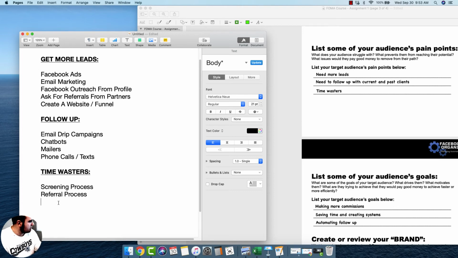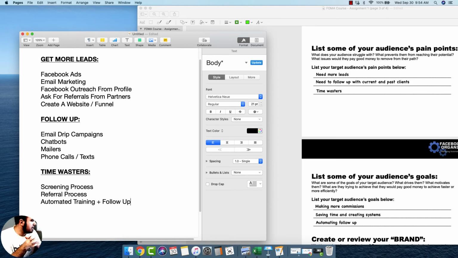So we could develop some kind of automated training and follow-up system as well. Now, there are going to be some people who just take a long time to buy, right? And there might not be a super good way to eliminate that.